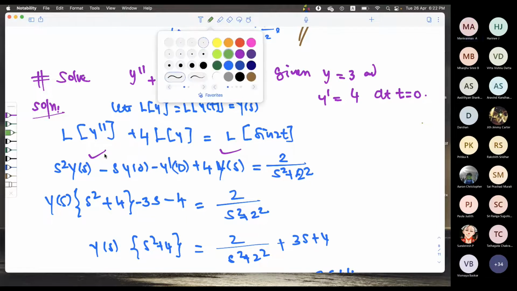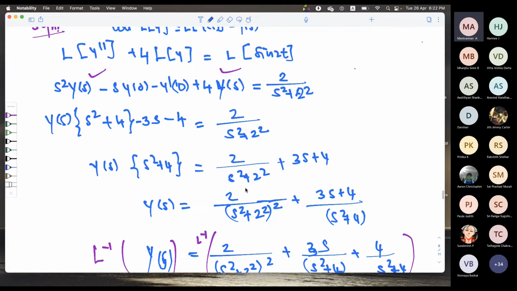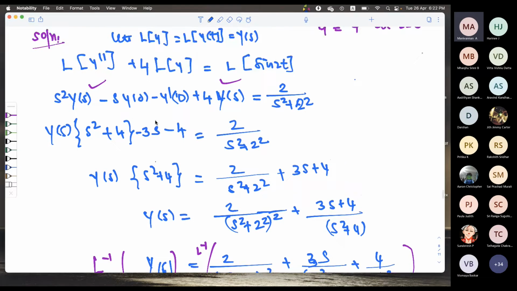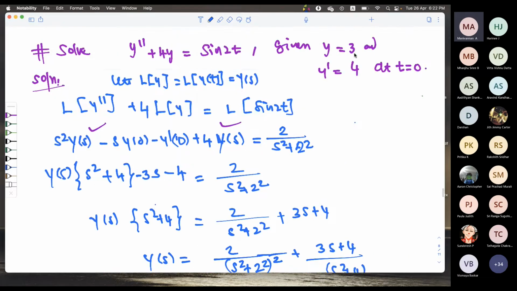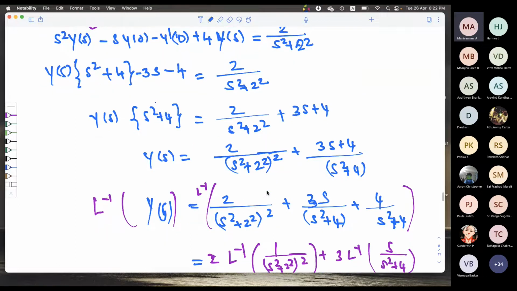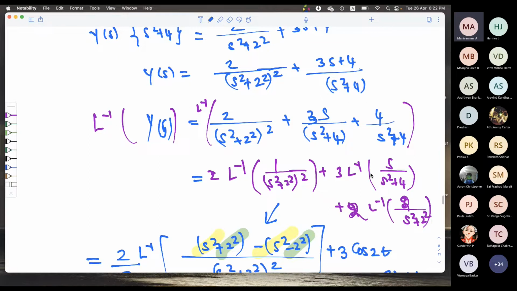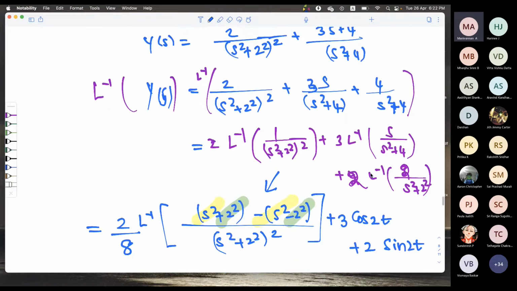Now apply Laplace transforms on both sides, and apply the initial value conditions: y at 0 is 3, y derivative at 0 is 4. Now the term is divided into 3 terms. So how can we solve this problem? It is (s square plus 2 square) whole square.